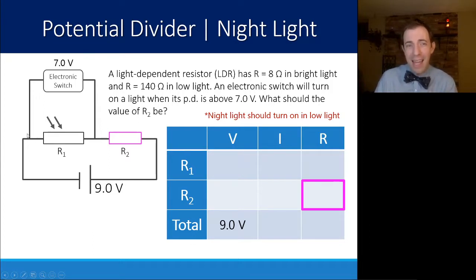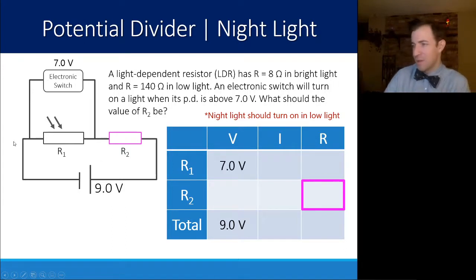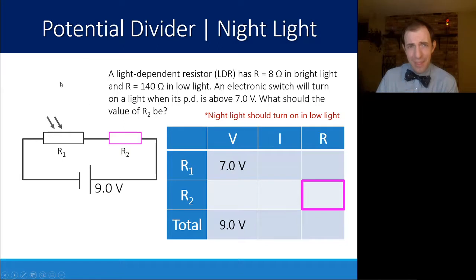And now that is basically measuring the voltage across R1 here. So I'm going to say that R1 is 7 volts. That's essentially how I would set that up if it was a voltmeter instead. Then I can just ignore that electronic switch. All that's really doing for us is telling us which resistor we're measuring the voltage across, and it has to be 7 volts.